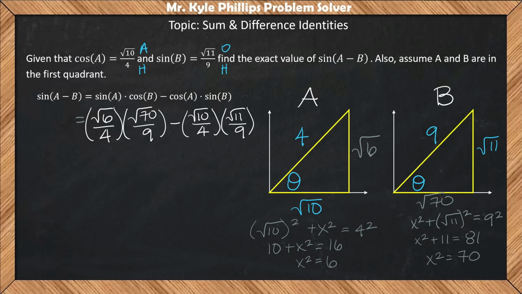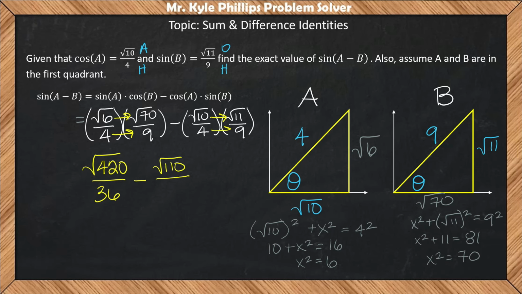So here we're just multiplying fractions, so we'll multiply straight across. So the square root of 6 times the square root of 70 is the square root of 420. This will all be over 4 times 9, which gives us 36, minus the square root of 10 times the square root of 11 is the square root of 110.